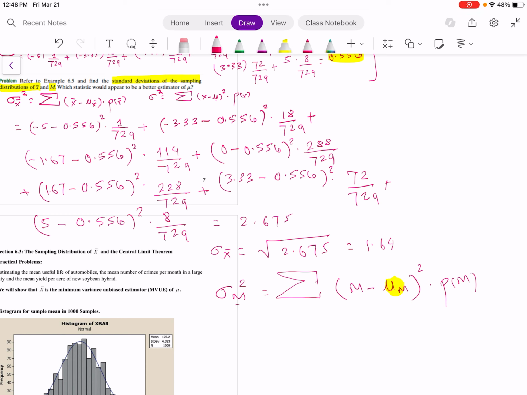Whichever statistic has a smaller standard deviation will be our good estimator. And if you need help in finding sigma of m, let me know. Find sigma of m. So you find the standard deviation for the third table.